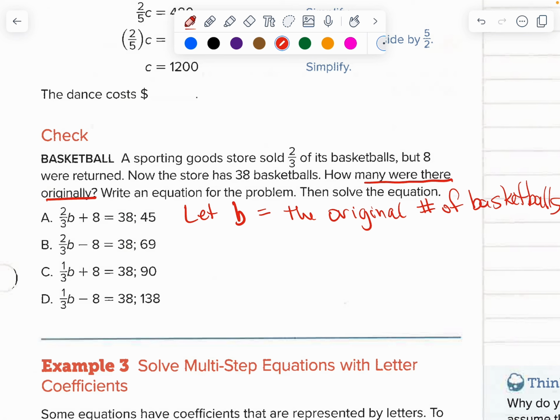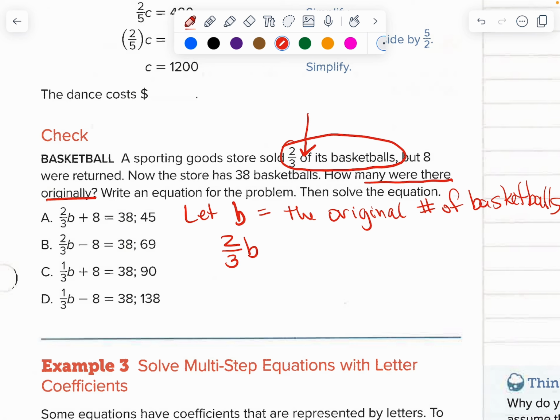Then this says 2/3 of its basketballs. So 2/3 basketballs, because you told me of means multiplication. Oh, wait a second.